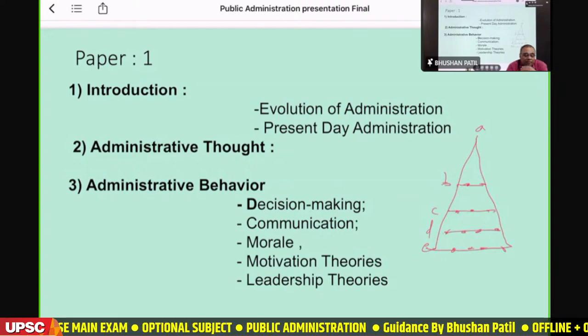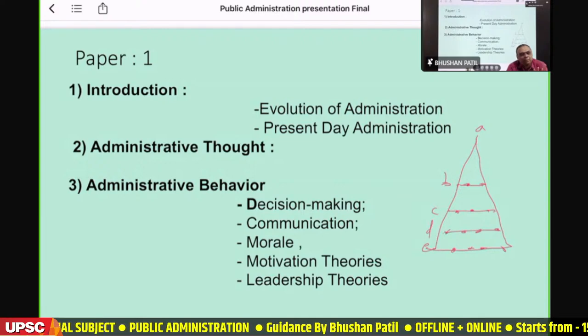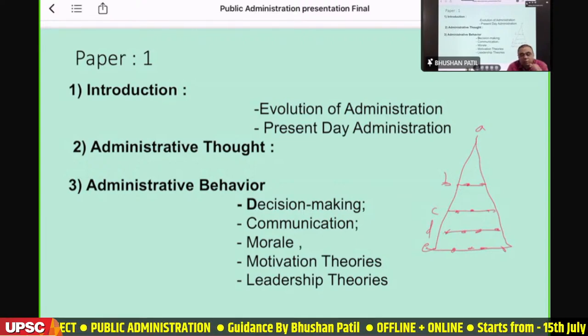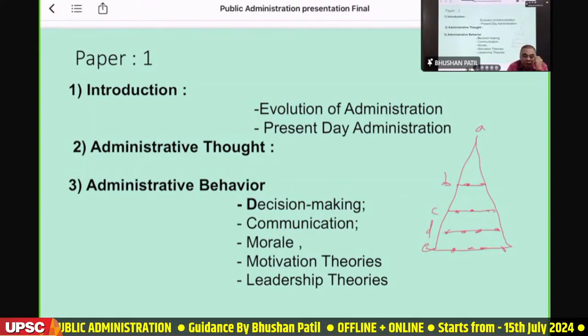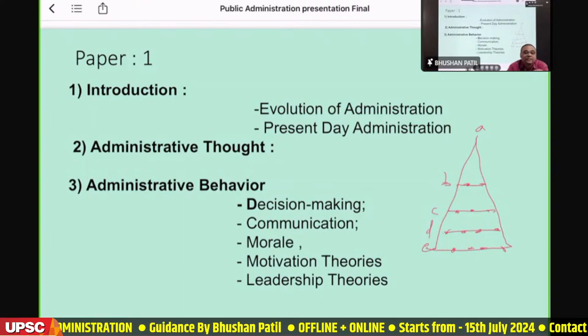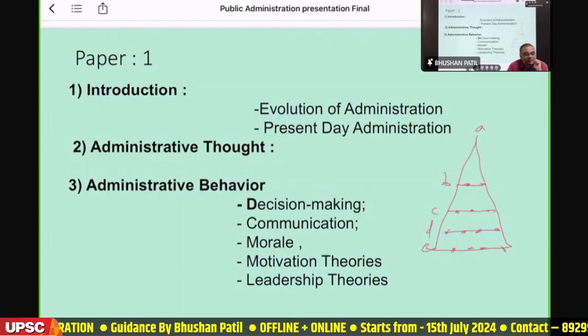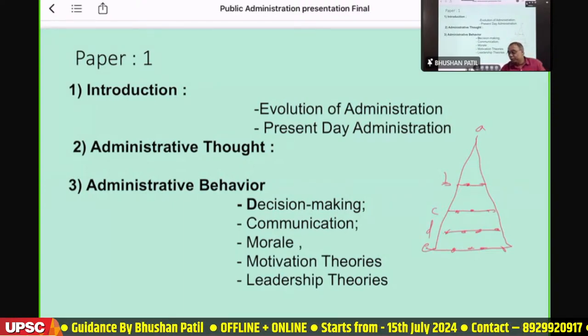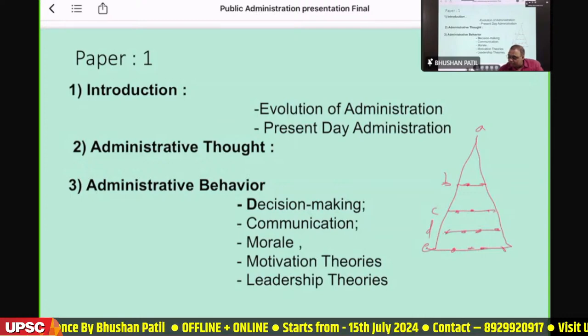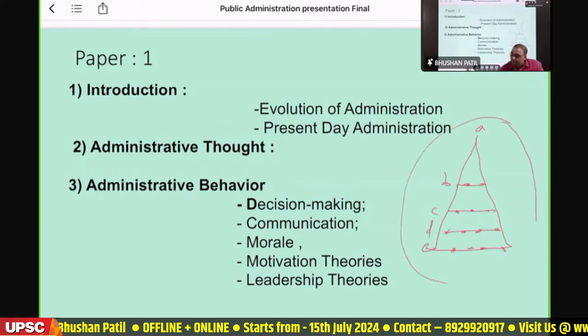Then unit 2 and unit 3, they are nothing but part of the same thing. Like suppose administrative thought. In administrative thought, there are certain theories like classical theories. Means when we set up this organization, what shall be the principles?